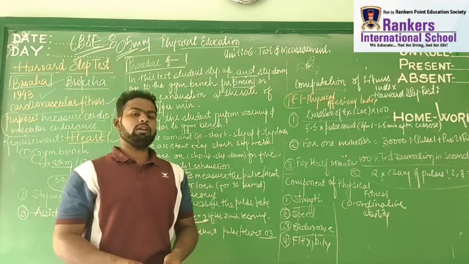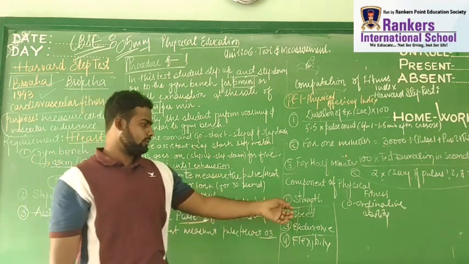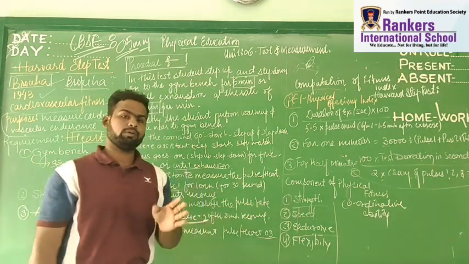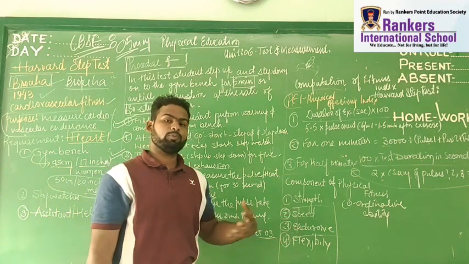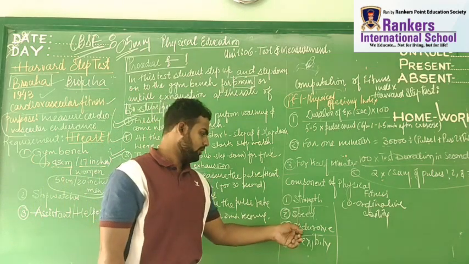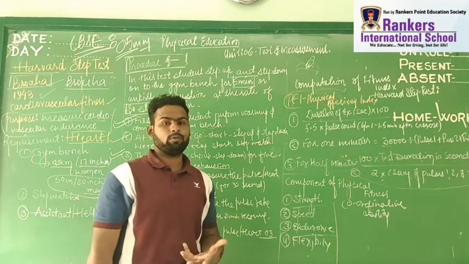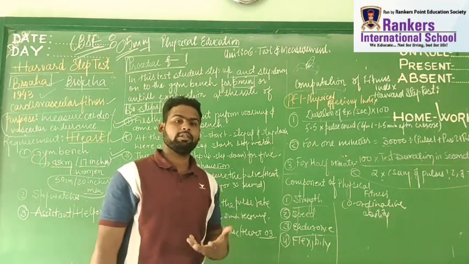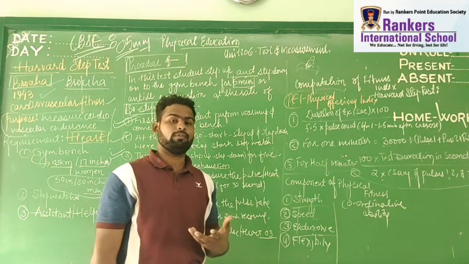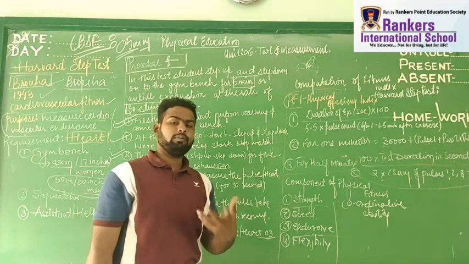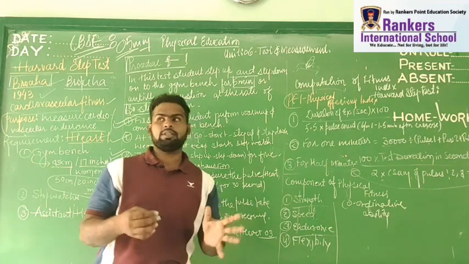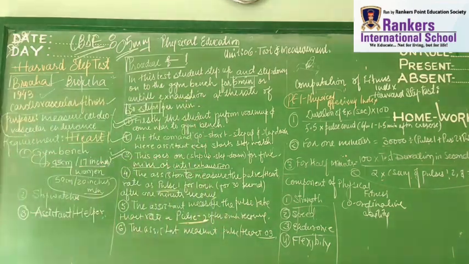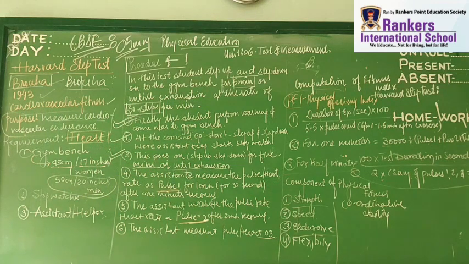It is very clear and very important to know that strength is the ability to overcome resistance, speed is the ability to perform movement as fast as possible, endurance is the ability to perform movement for a longer duration, the ability to overcome fatigue, flexibility is the ability of our joints to move in maximum range, and coordination is the ability to perform work with perfection and efficiency.